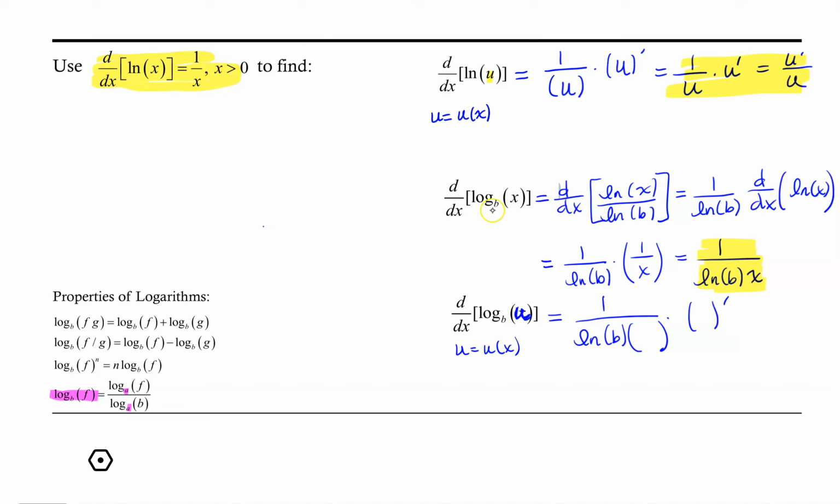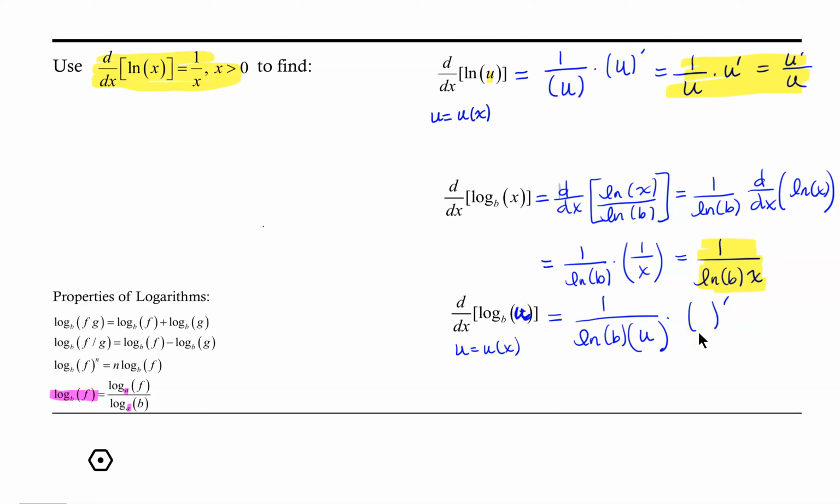Notice that for log base b of x, the derivative was 1 over natural log of b times x. In this case, instead of x, we have u. So we leave our argument alone, and then we multiply by the derivative of our argument.